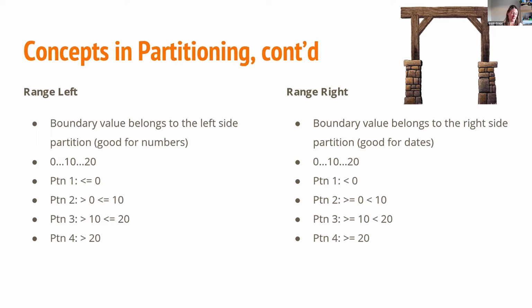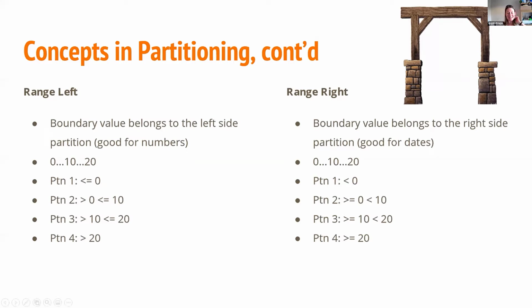Since we don't want the number 10 falling into both partitions, especially if you have physically different files, it's got to belong somewhere. So with the left range, the number 10 would fall into partition 2 because it is less than or equal to 10. But in a right range, the boundary says it's got to be greater than or equal to 0, but less than 10, and therefore the number 10 will reside in our third partition.